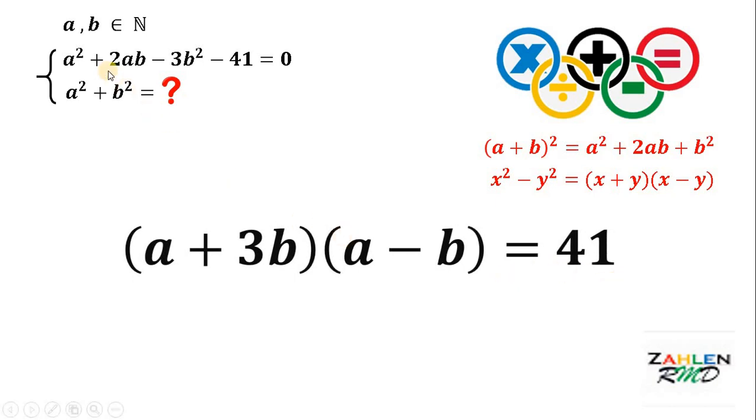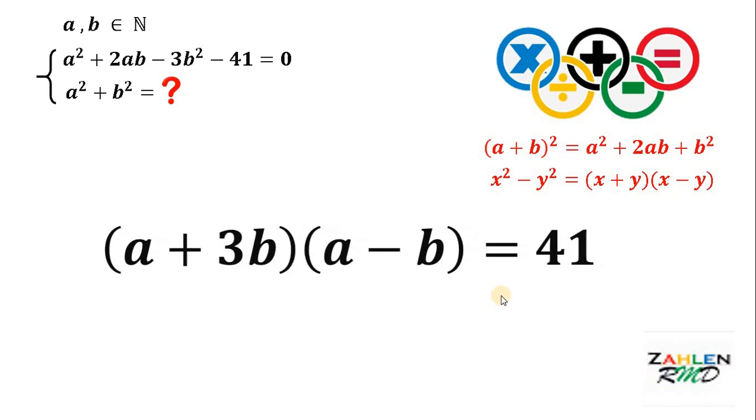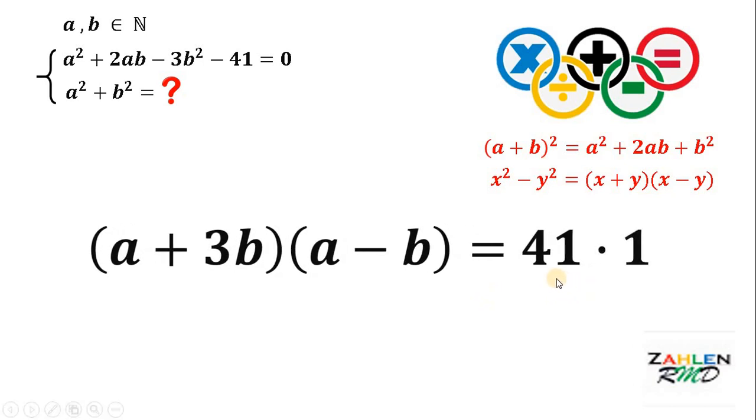Now take note that a and b are both natural numbers. Therefore, a natural number times a natural number will give us another natural number. And surprisingly, 41 is a prime number. Therefore, the only factors of 41 are 41 and 1, so 41 is simply 41 times 1.